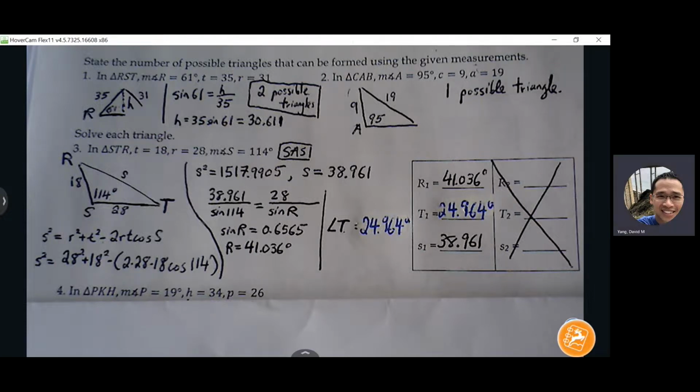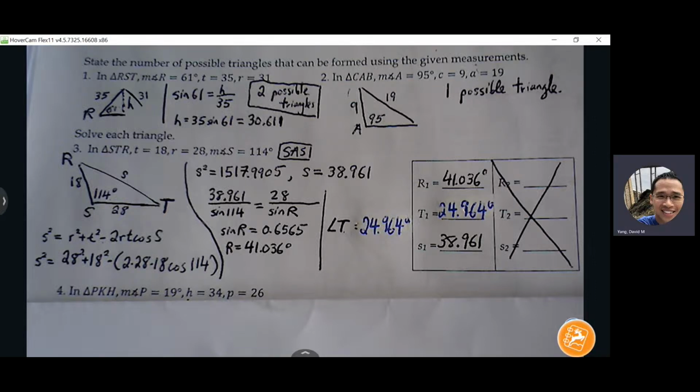Okay, everybody good with 3? Does everybody still need to look at 3? Okay, we good?